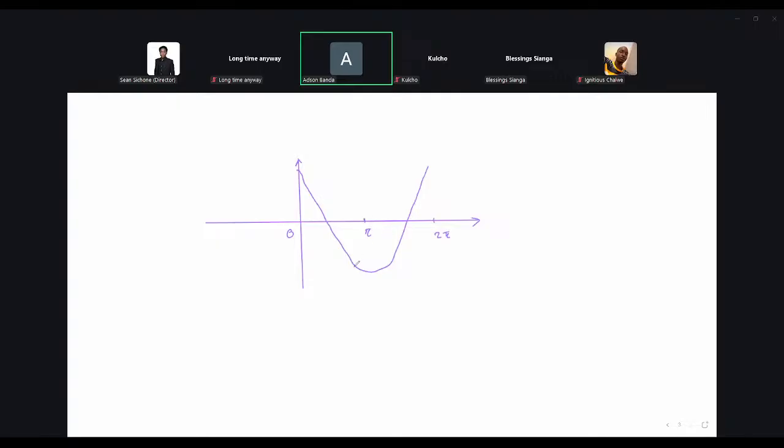So what we are saying is that you restrict this to 0 to 2 pi. So in this case, you are going to end here. So your graph now that you are considering is this particular graph.